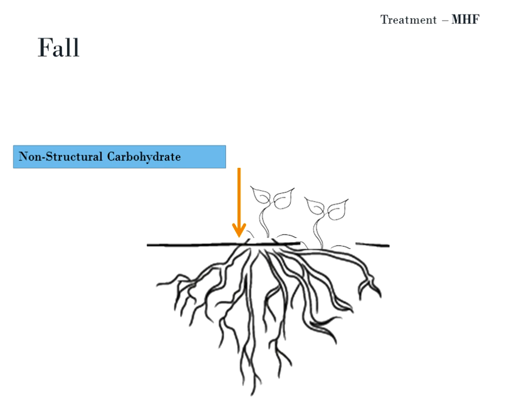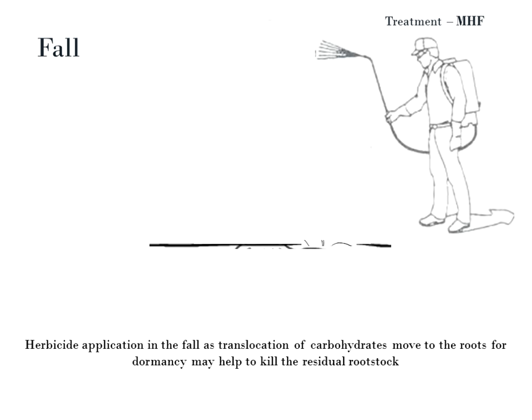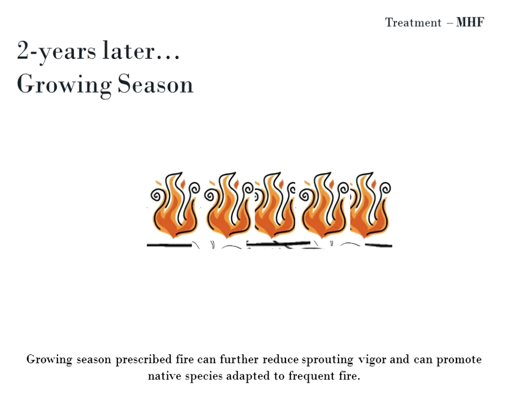The idea is that that same fall, after the spring mastication in the same year, as the non-structural carbohydrates are moving from the leaves to the below ground portion for dormancy, we come back in with a foliar application of herbicide, and that will help translocate it down into the rootstock. Hopefully that will, again, deplete the residual carbohydrates that are in that rootstock as well.